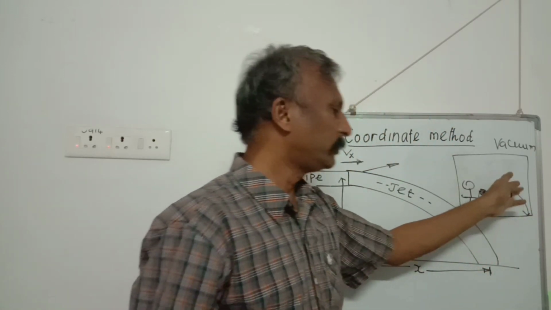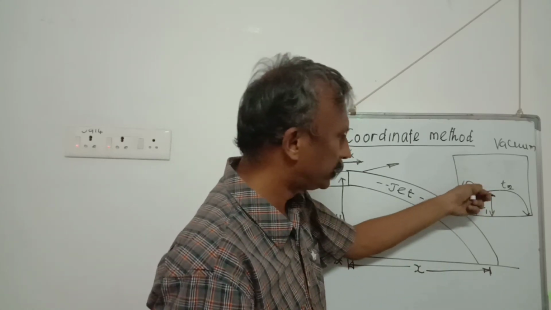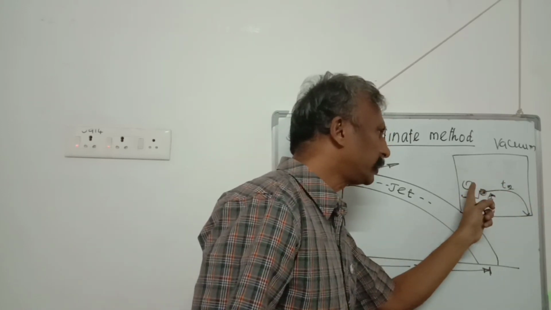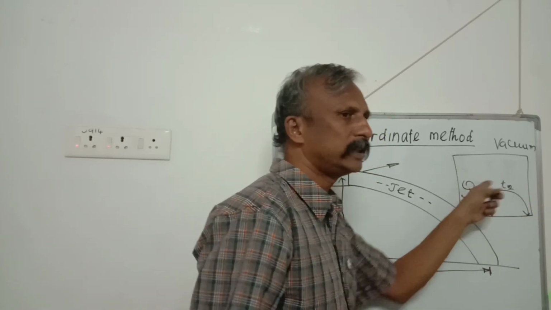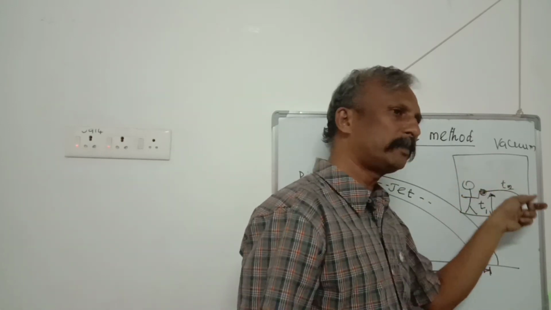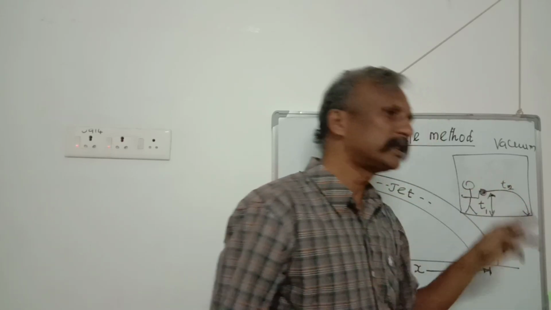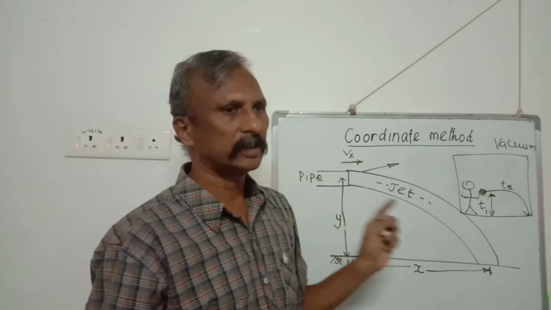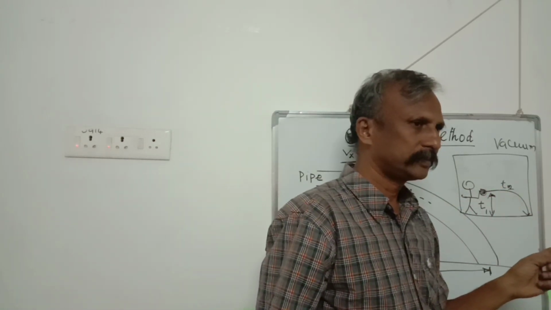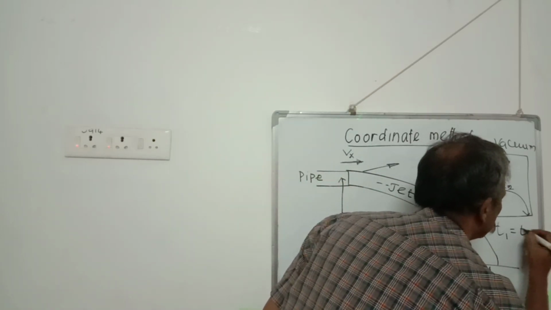Okay, so when we do not have air resistance, when the object falls down from here to here, and also when the object is thrown with a force and follows a projectile path, how much time will that object take to reach the bottom? What is the relationship between T1 and T2?